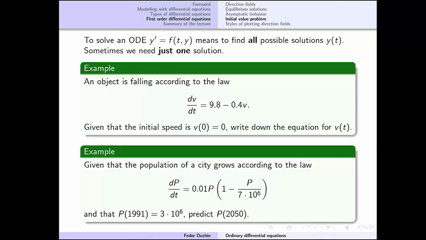So the question is to predict the population in 2050, for modeling purposes, for example. That is an important question. Although we know theoretically that the population approaches 7 million, at 2050, what is it going to be like? Is it going to be 6 million, 5 million, 3.5 million, so what?